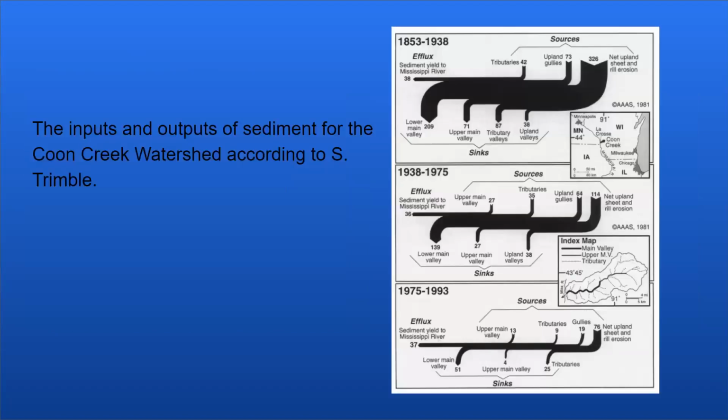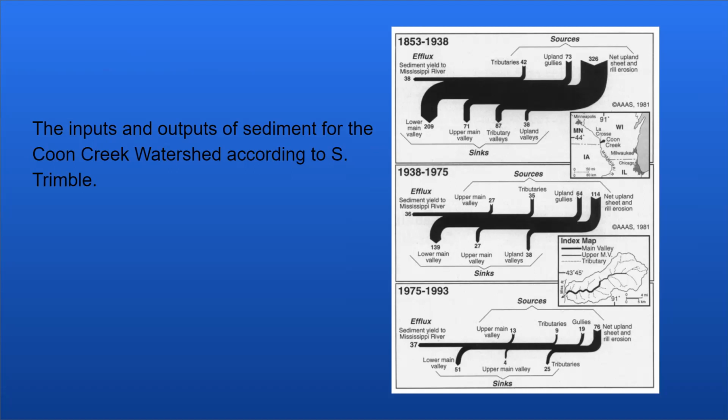Returning to this figure from Trimble's research, you can now see the clear decrease in sediment input into the Coon Creek watershed. You can also see that the output to the Mississippi is still about the same even over all 100 years. As time goes on, the Soil Erosion Service continues its work and more farmers joined the program.